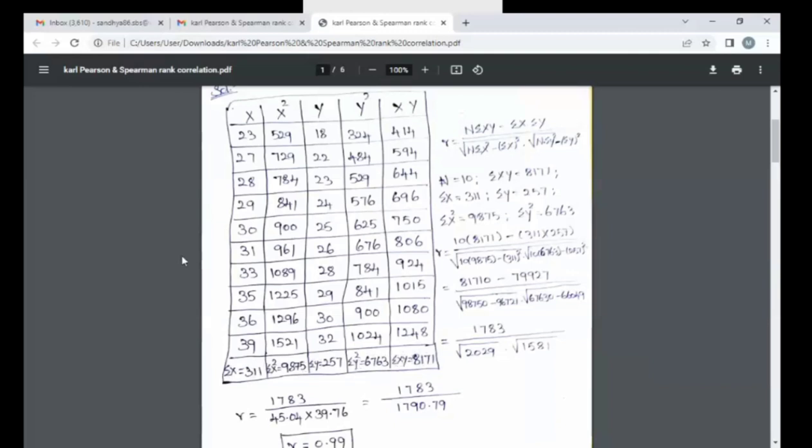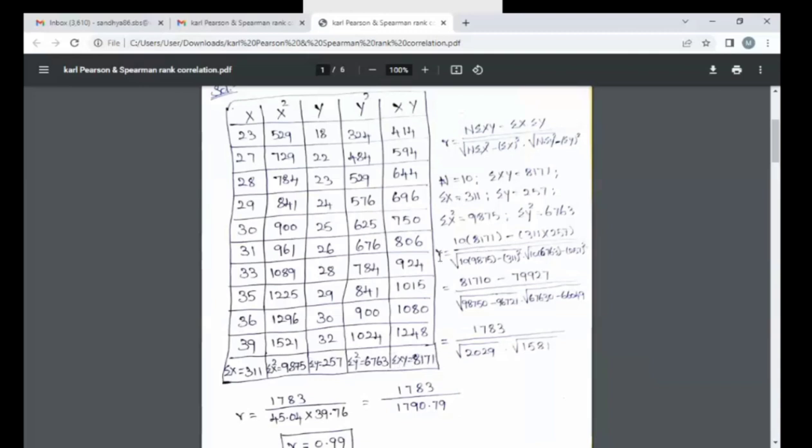Summation x is 311. Summation y is 257. Summation x square is 9875. Summation y square is 6763. And summation xy is 8171.